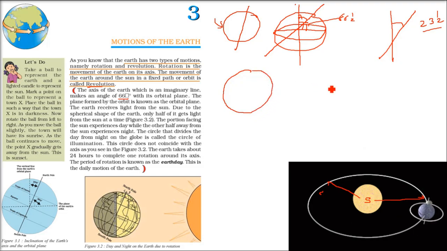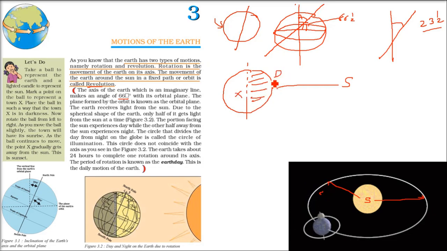That means all the Earth at the same time doesn't get light. Only the part which is facing the sun is getting the light. The opposite side, which is not facing the sun, is having night time, no sunlight.